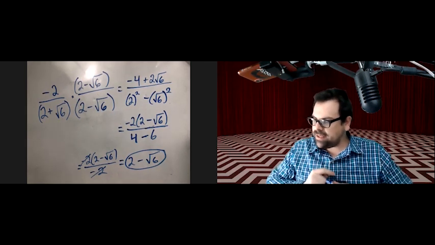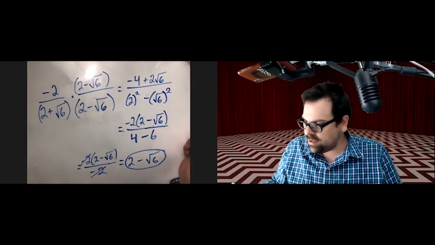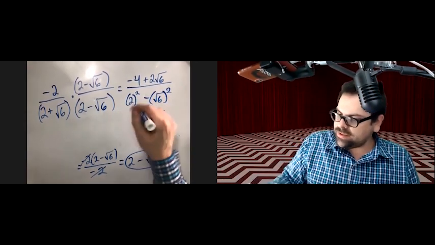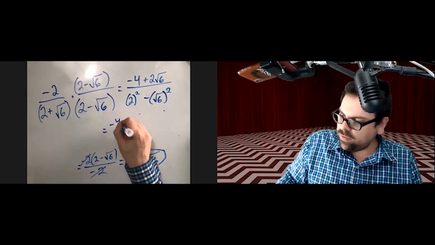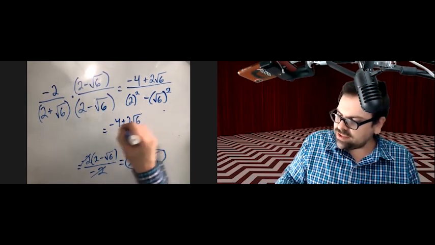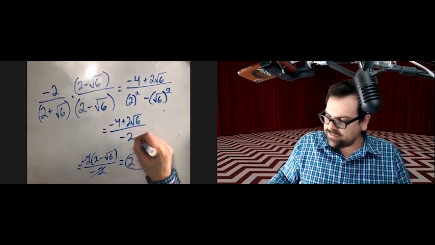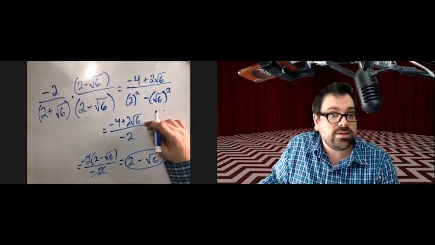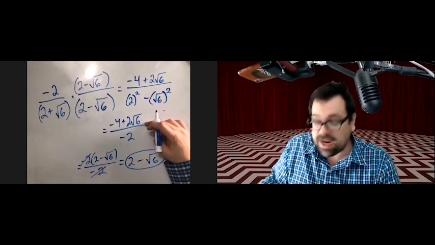So I can see you leaving the answer maybe like this. -4 plus 2 radical 6, and it was over -2. I can see you leaving it like that. That would be like not reducing a fraction all the way.